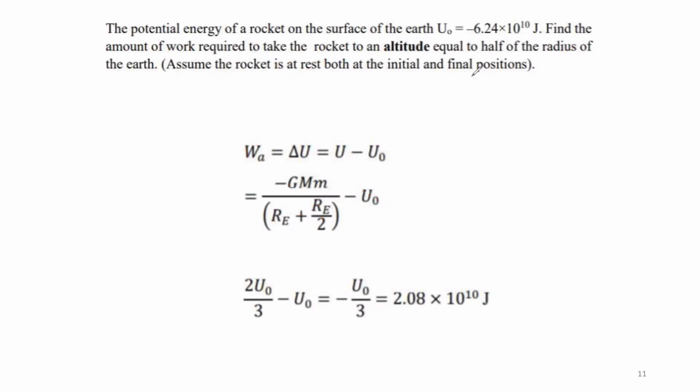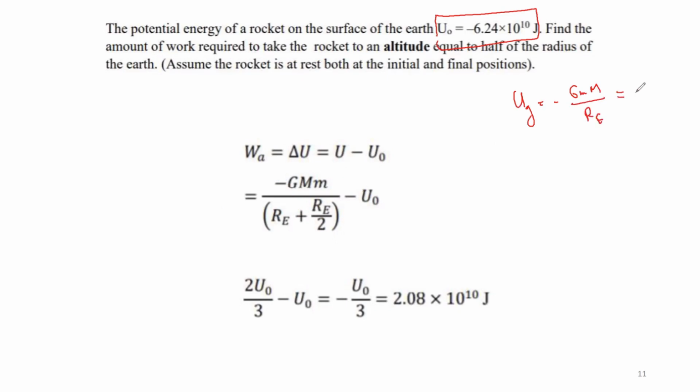So we have the gravitational potential energy of a rocket on the surface of the Earth, and I give you UG. Well, automatically, you know that this is at the surface of the Earth. So you note that UG is minus GMm divided by R, and R is the radius of the Earth here.